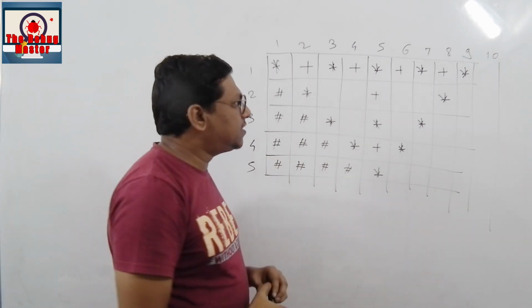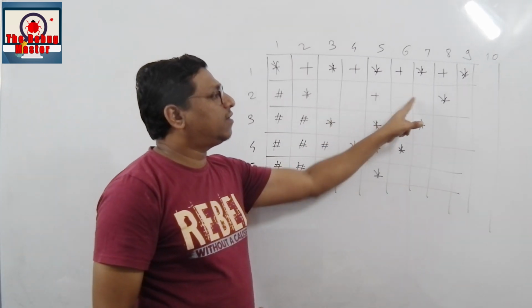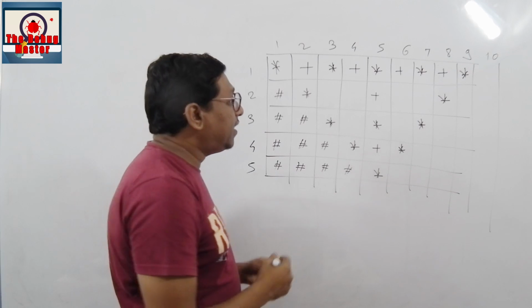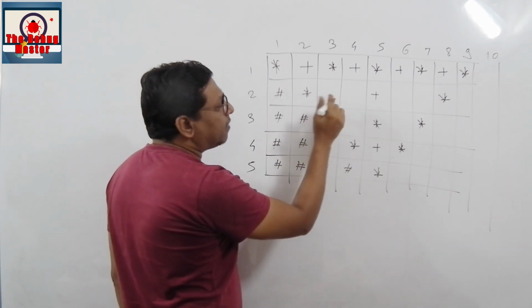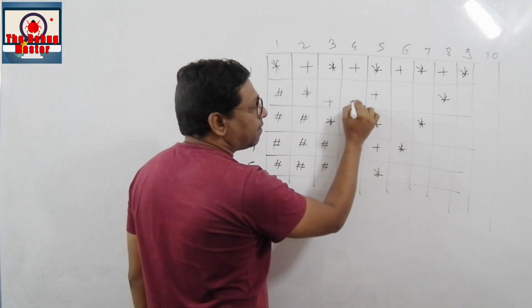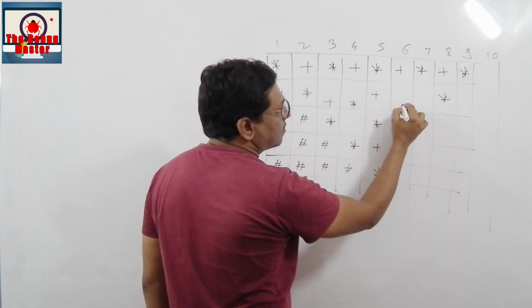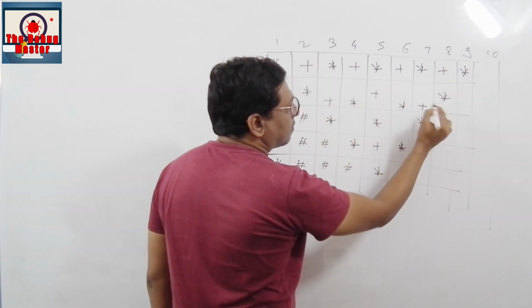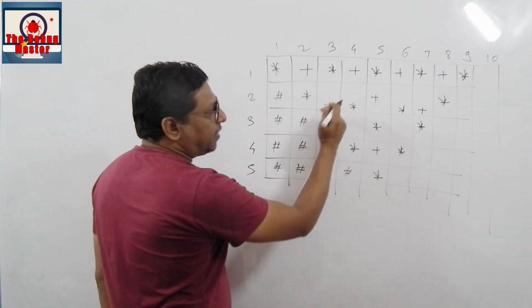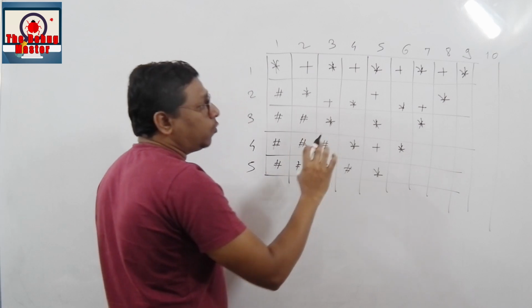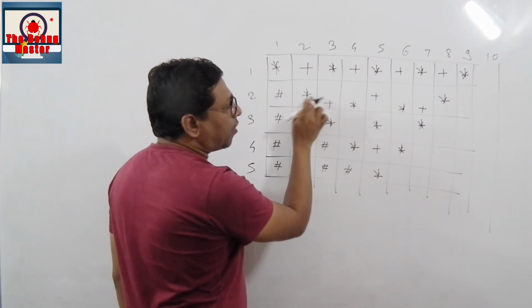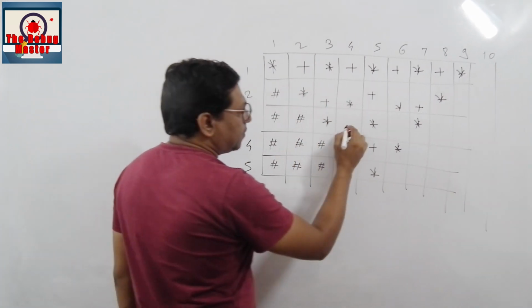After that, just consider this blank space is not present here. Then what would be the pattern? It would be star plus star plus star plus. I am writing these symbols at the bottom to differentiate them from the actual pattern.